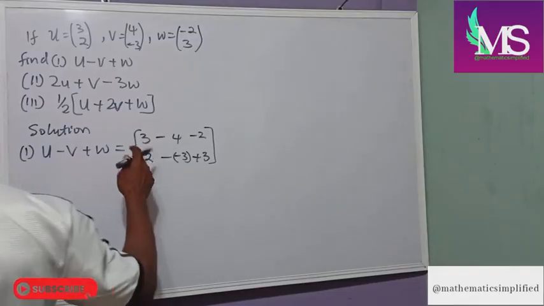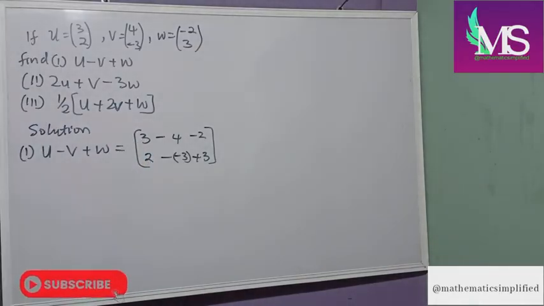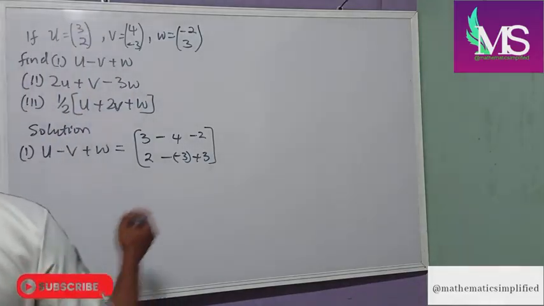Now solving this out, it becomes 3 minus 4, which gives us minus 1, and minus 1 minus 2 will give us minus 3.